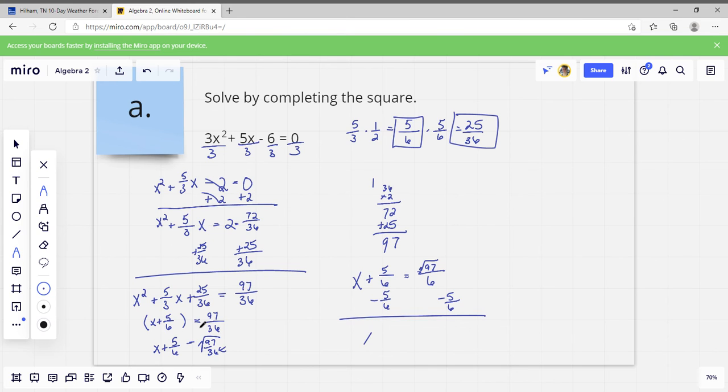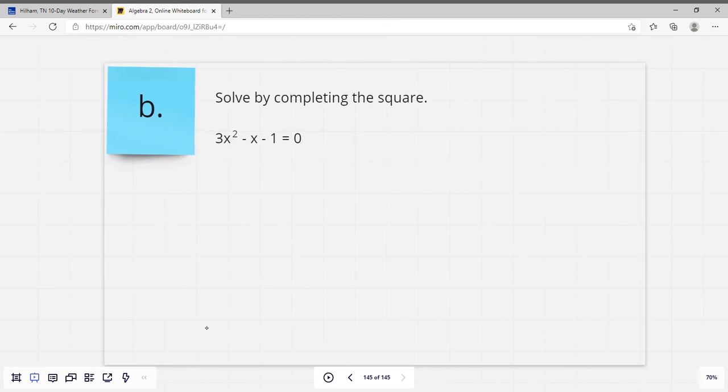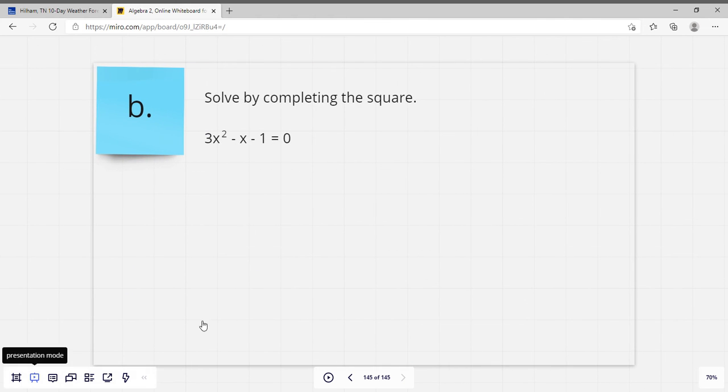And we get x equals negative 5/6 plus or minus the square root of 97 over 6. And that is the answer to A. And like I said, these are just like completing the square we've already done. We just have to do that division at the beginning. All right, B.